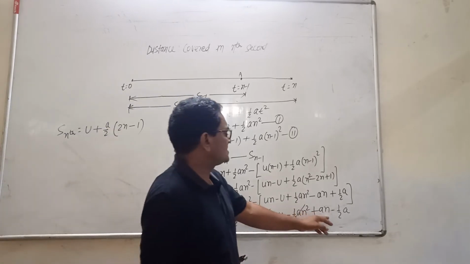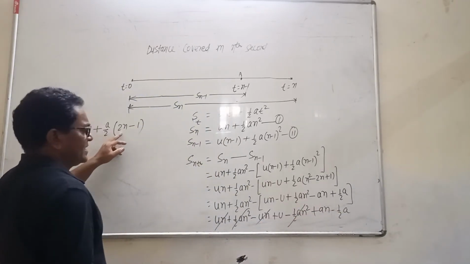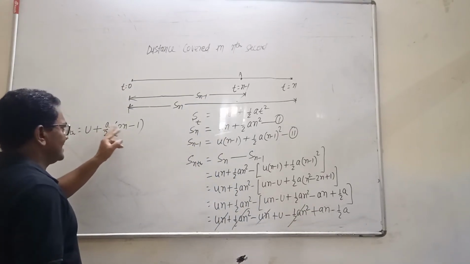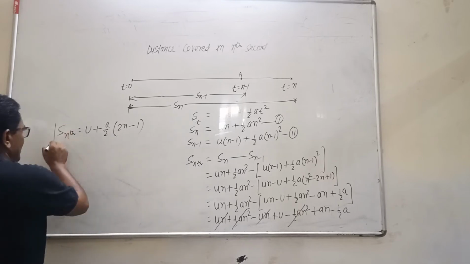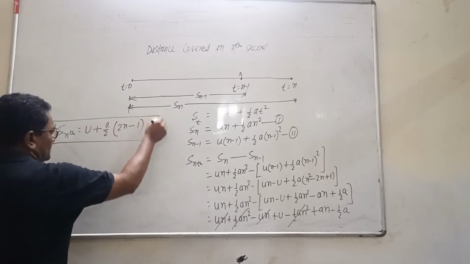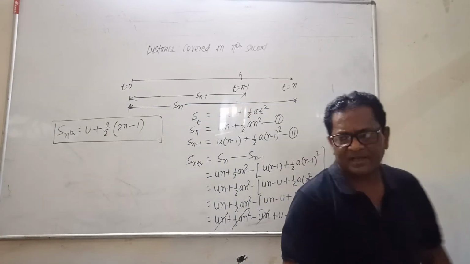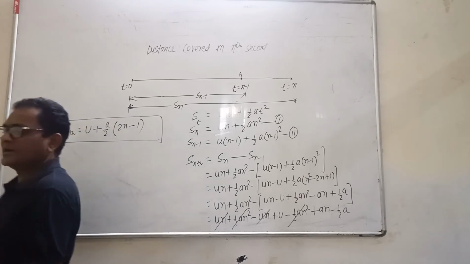From these two terms I have taken a by 2 as common, so we get 2n. From here we get 2n. 2 and 2 gets cancelled, it comes an and minus 1. So this is the final formula for particular segment: Sn equals to u plus a by 2 into 2n minus 1.